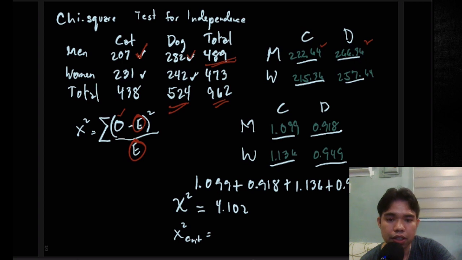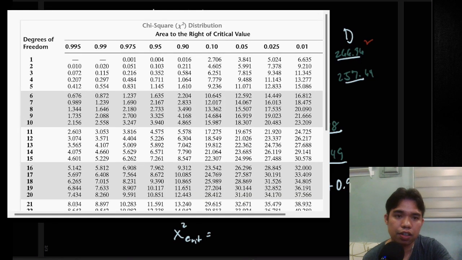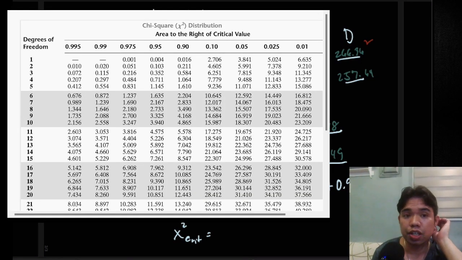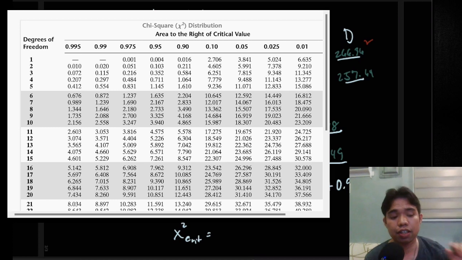Where is it? Paint. It's here. Alright. So this is the chi-square table, and it is standard. So it must be the same for all tables, as long as your source is legit.